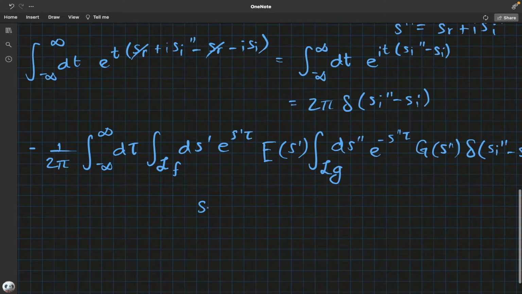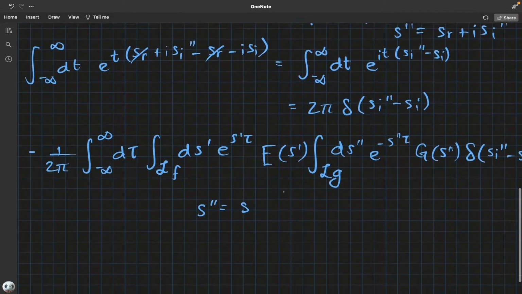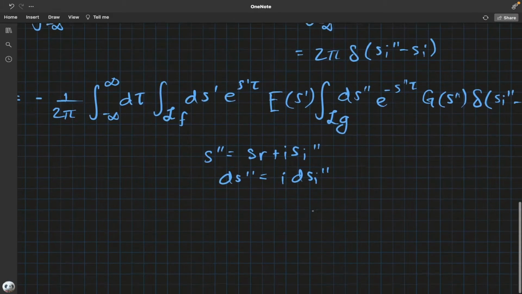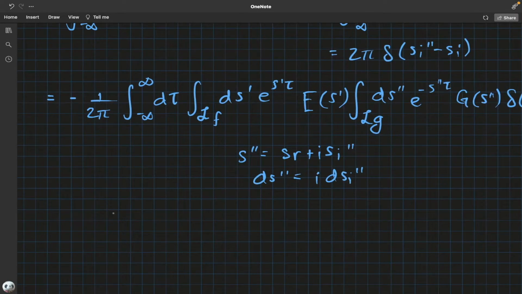Well, S double prime is, well, we know S real plus i Si double prime. The real part's fixed on Lg. So ds double prime is just i dsi double prime, and the imaginary part goes from minus infinity to infinity.